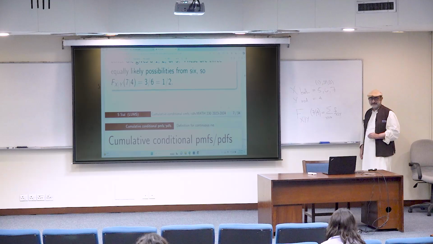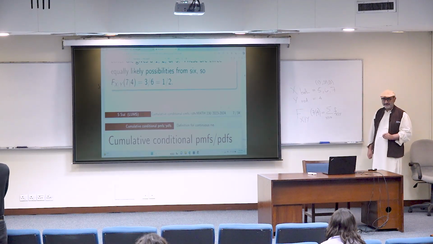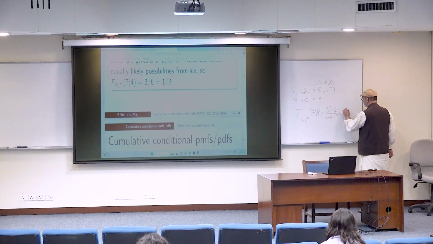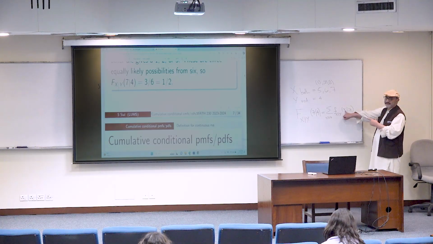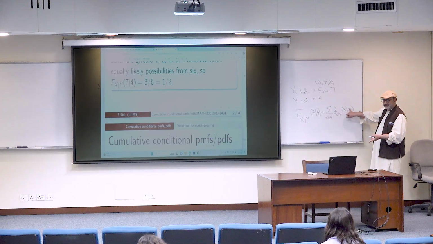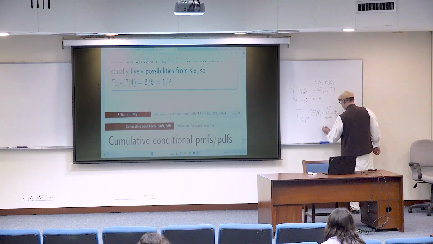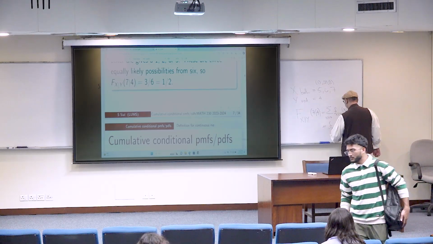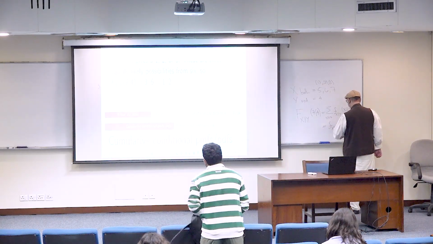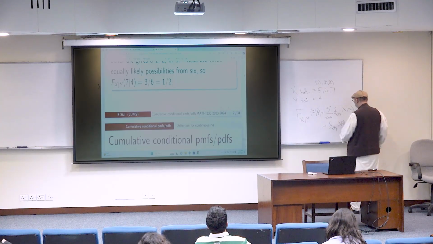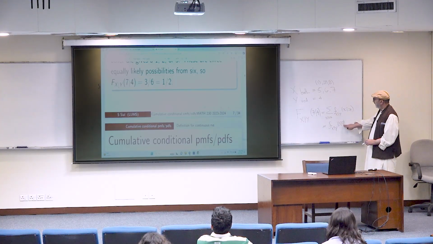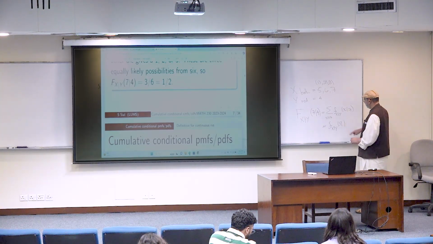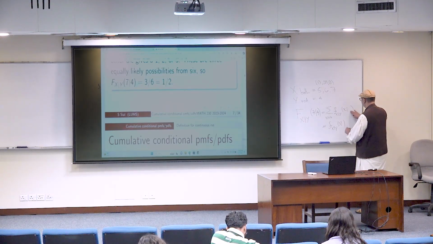The conditional probability mass function, rolling a total value of x, given that the red die has given you a 4, sorry, 4.